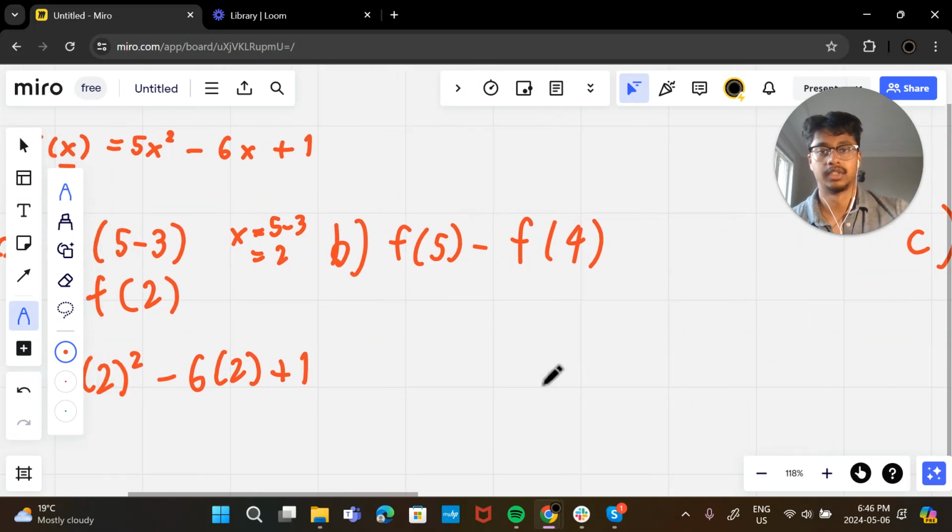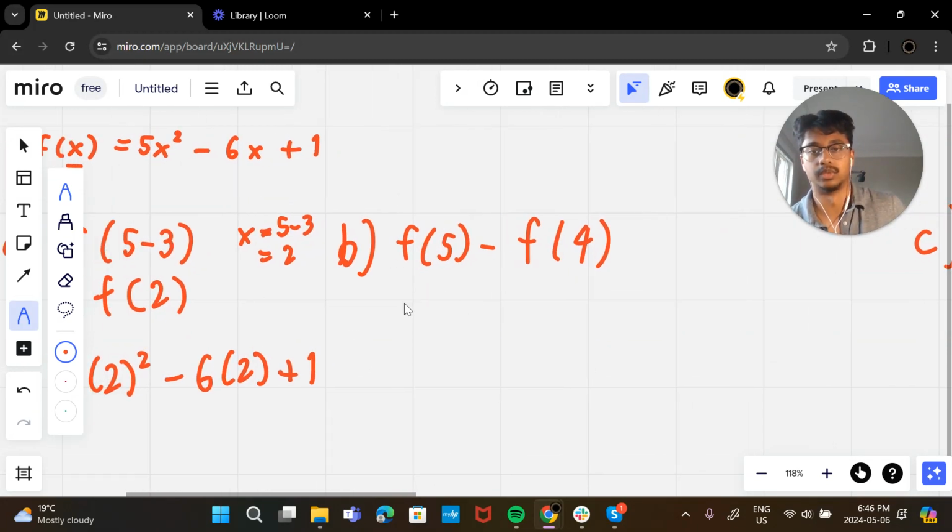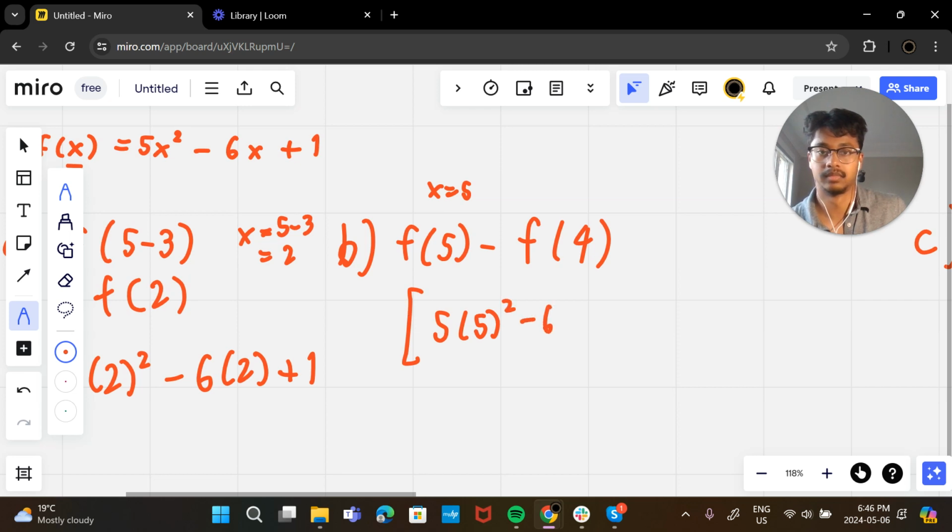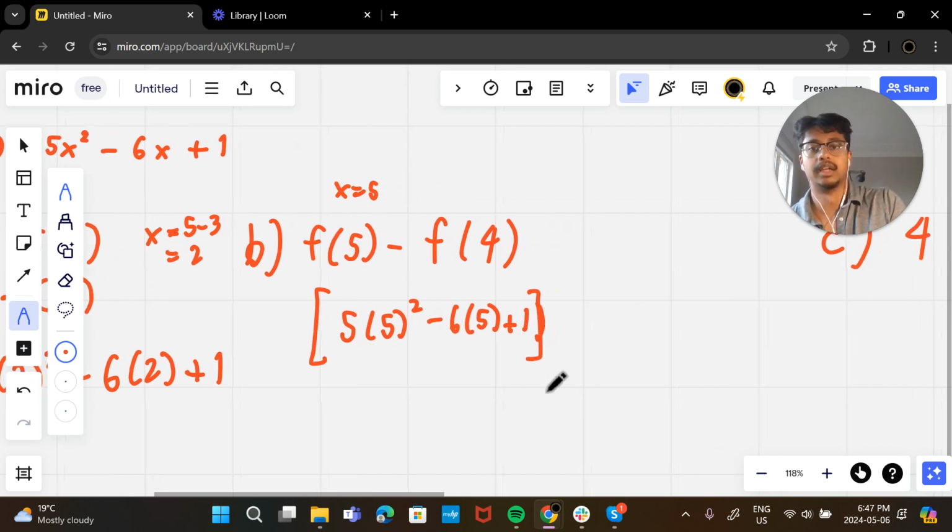Okay, here it's the same concept. Now, all we're going to do is use these second brackets, where we plug in x equals 5 into our function. That would look something like this. And we would subtract that by when the function is equal to x equals 4.